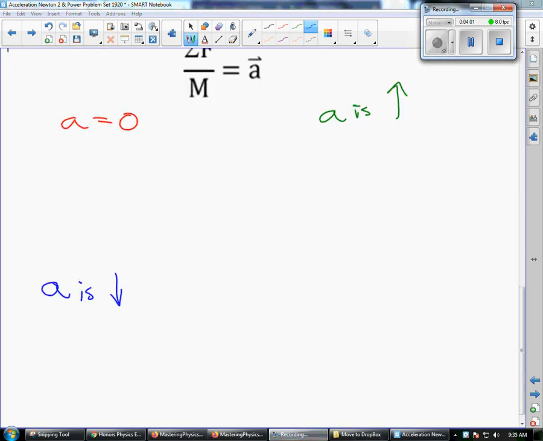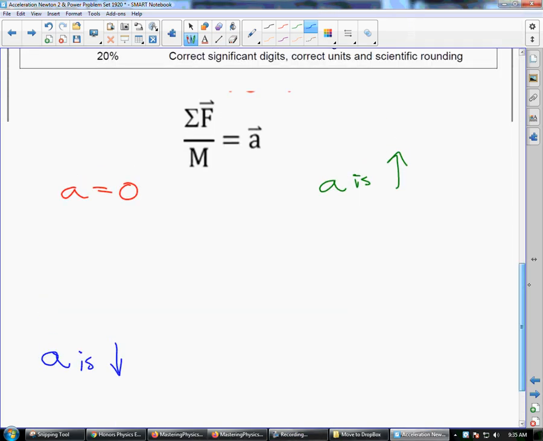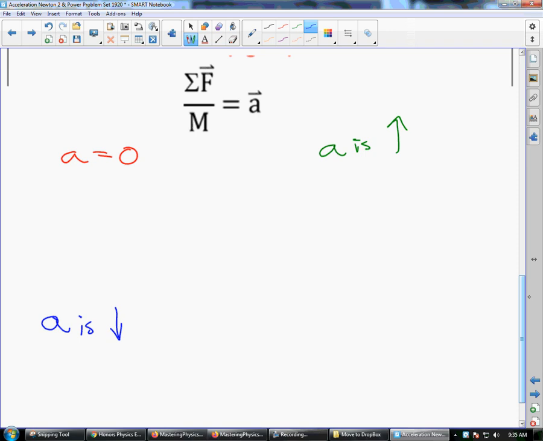Yay. All right. So we're going to use the same equation the whole time. And for acceleration 0, we have two forces. We have normal force up, and since we said up is positive, that's always going to be a positive term. And we have the weight down, so that's always going to be a negative term.